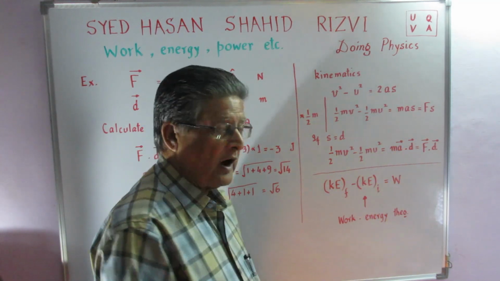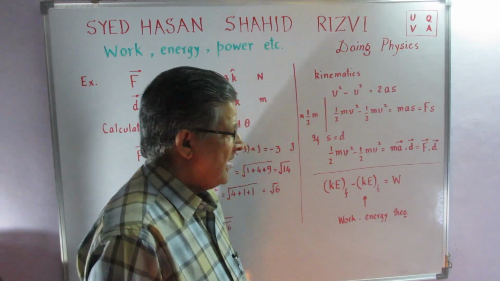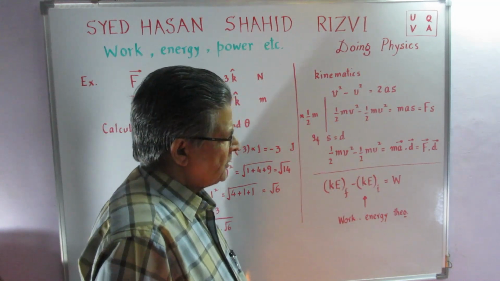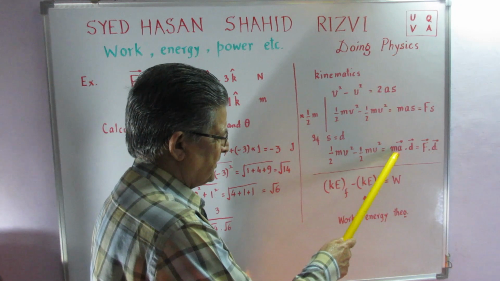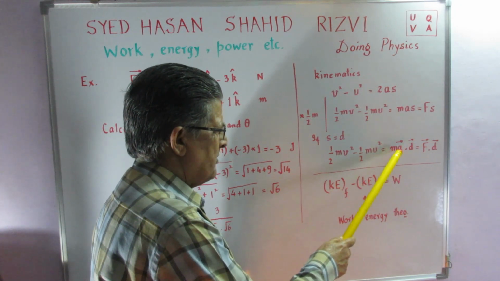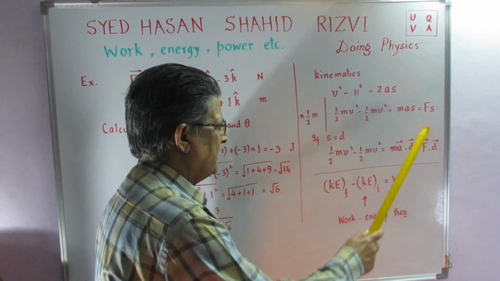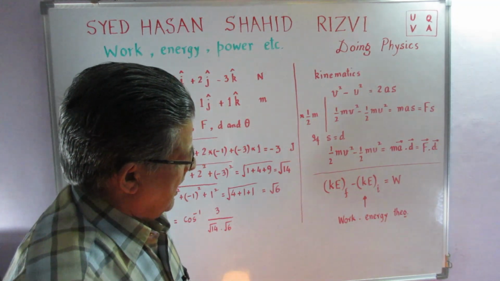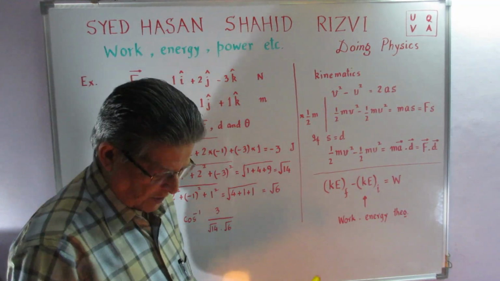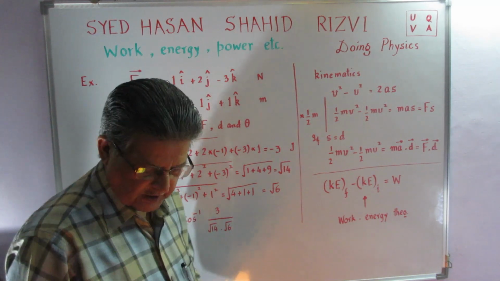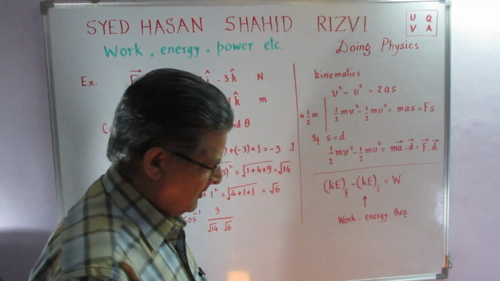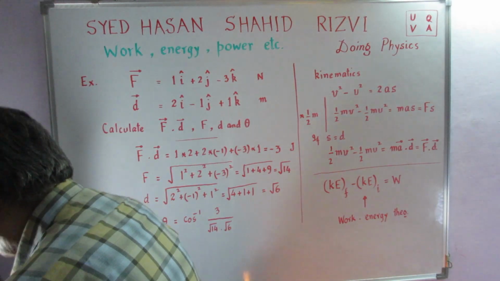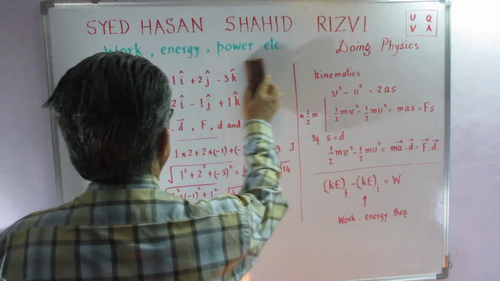These two vectors are in the same direction, and therefore the cosine of theta, cosine of 0, is equal to this, and then we can just write this F as ma as F dot d, etc. Okay. So before I come back to this equation, which we call the work-energy theorem, I'll just give you an idea as to what kinetic energy is.